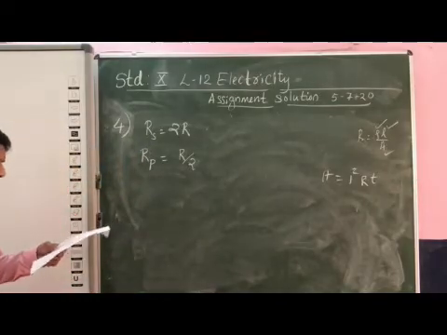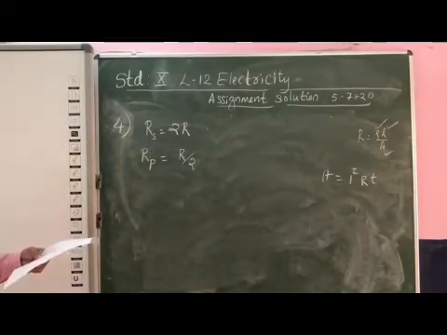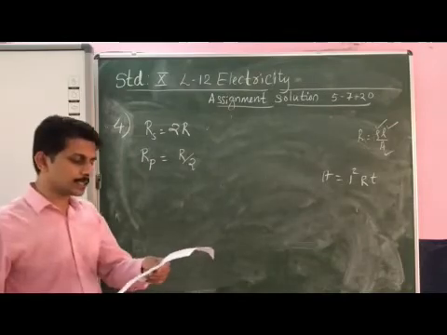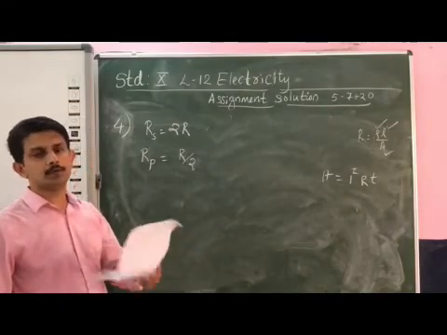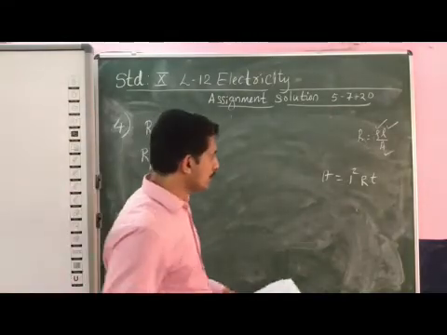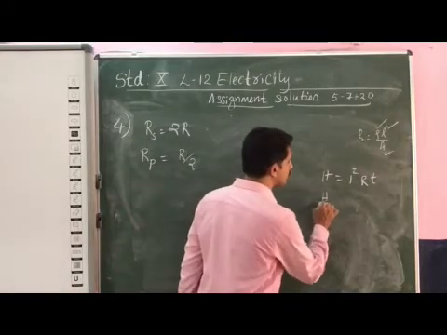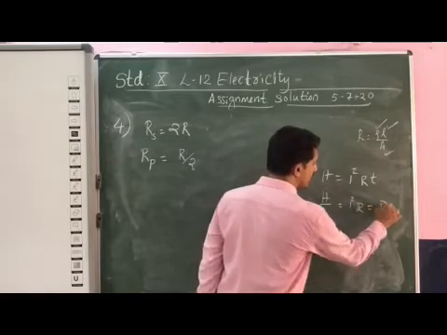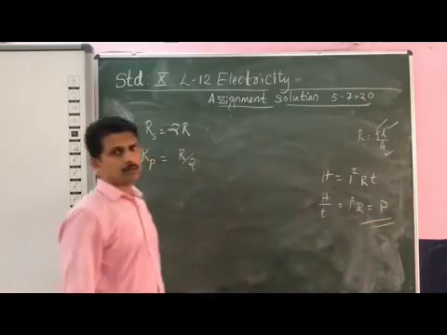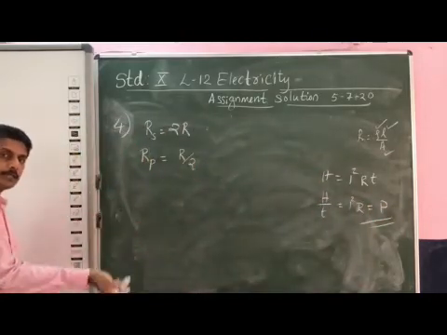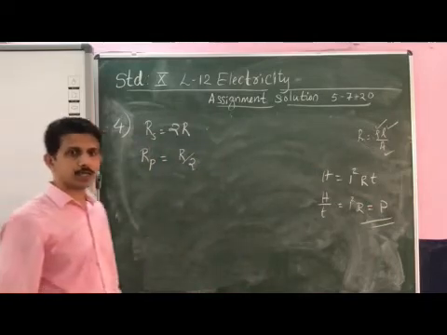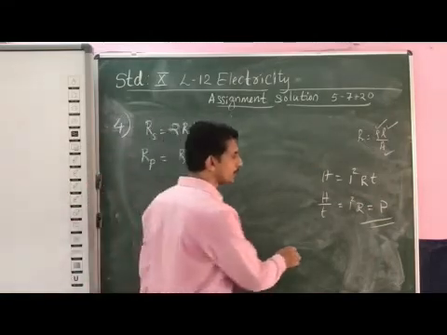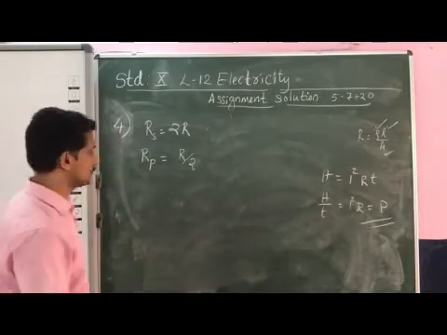Heat produced per unit time is I squared R, which is power. So the amount of heat energy produced per unit time can be taken as power also, which means we can calculate the power in this case.